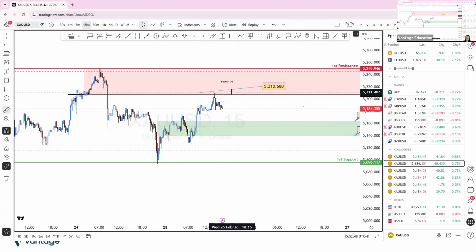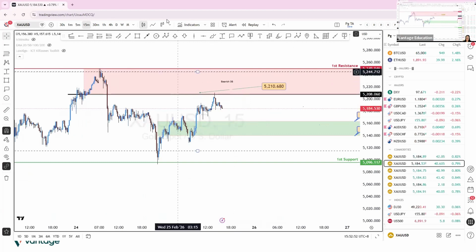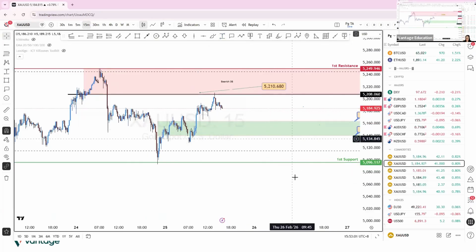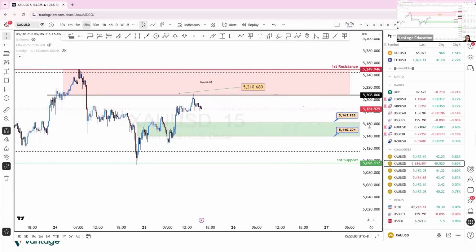Now price is really falling, almost 300 pips right now, right? You're going to wait to buy here, 5140 or 5160, so it's about 200 pips within the zone. You have to wait for a pullback first, then you buy.